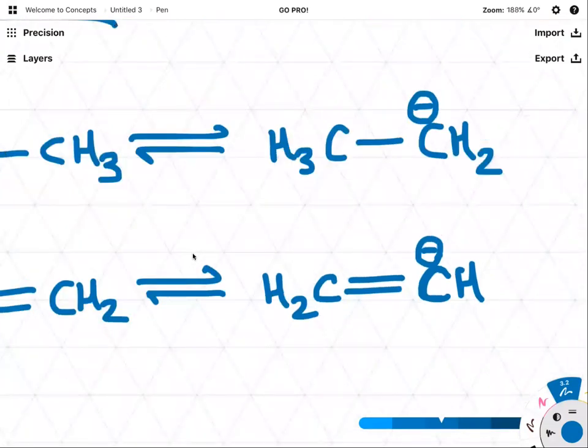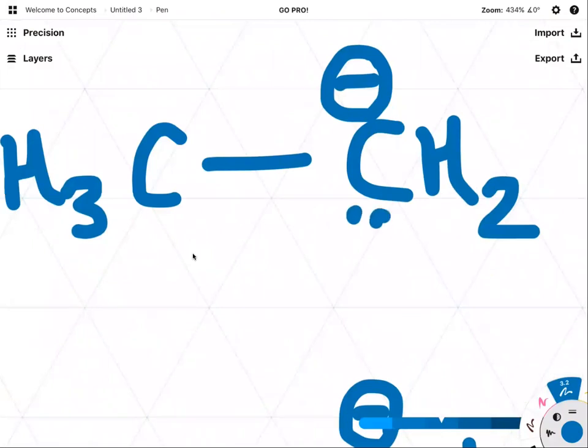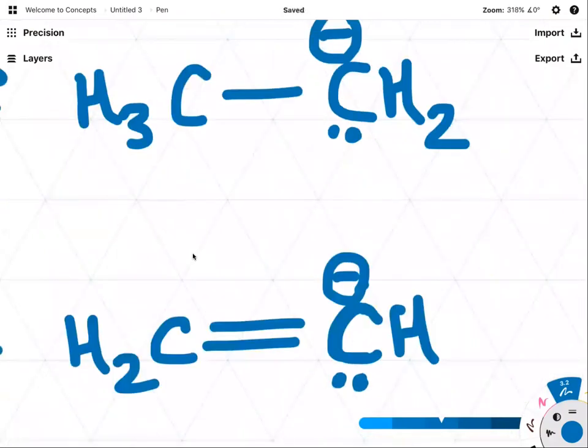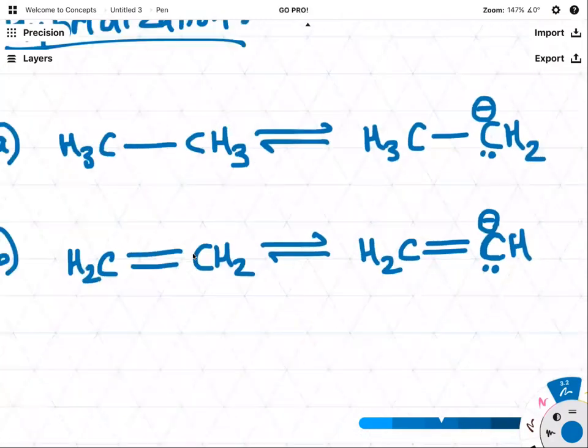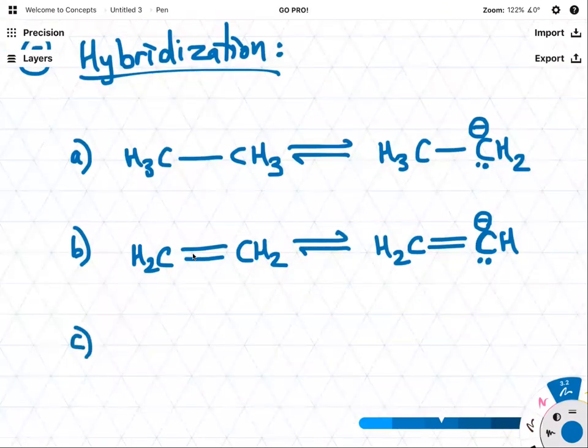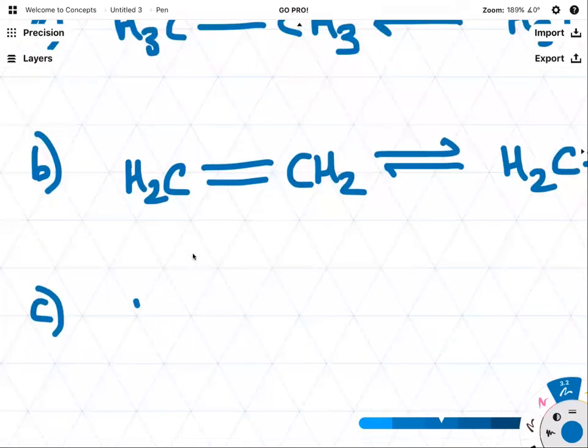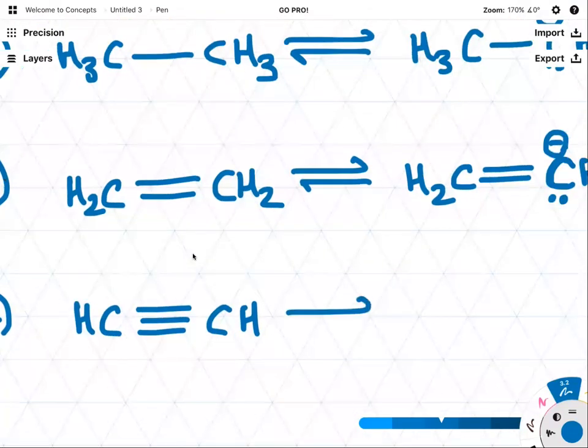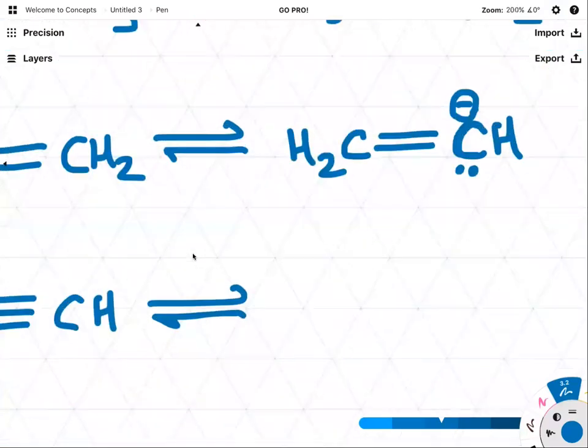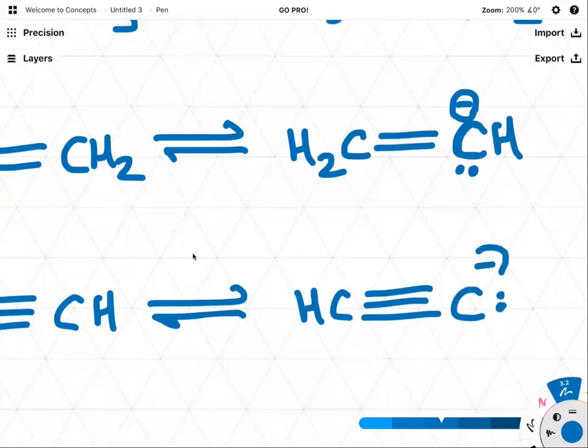It lost, and I should put in the extra electrons that become part of the atom, right? That's where the negative charge comes from. And now let's say we have a third example, ethyne. So we'll say a triple bonded CH to a CH. And this thing behaves like an acid. Loses the only hydrogen that it had.